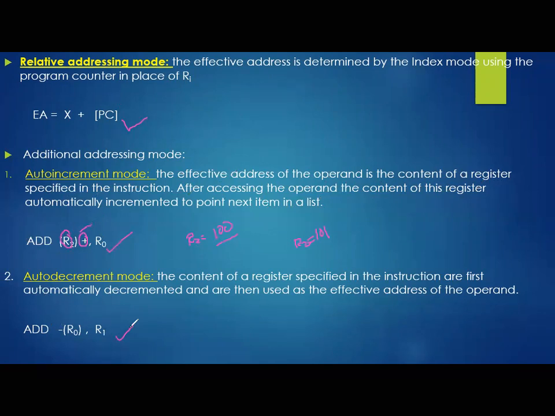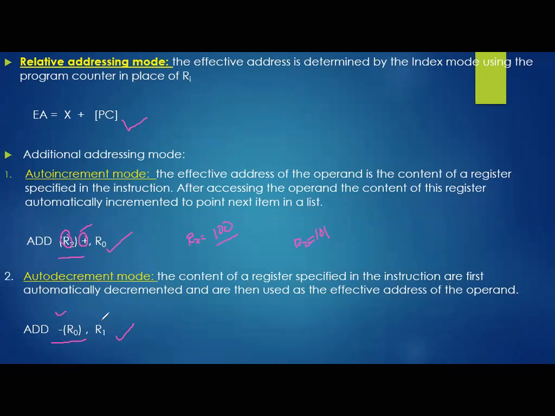Then what about auto decrement? This is post increment, and this is pre decrement. In auto decrement mode, the content of a register specified in the instruction is first automatically decremented and then used as the effective address of the operand. Clear? First you need to decrement, later go for accessing.